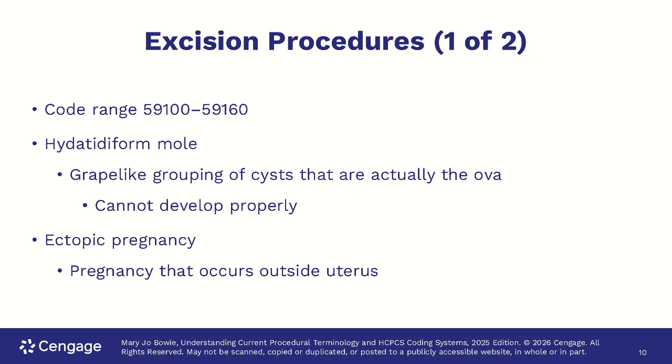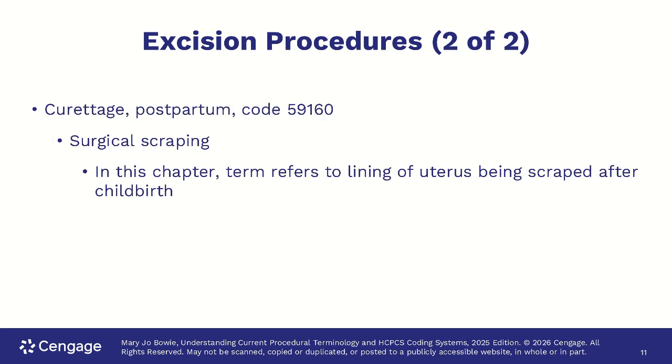Then you have codes for surgical treatment of ectopic, tubal or ovarian, requiring a salpingectomy or an oophorectomy. And this is because the pregnancy is occurring outside of the uterus.